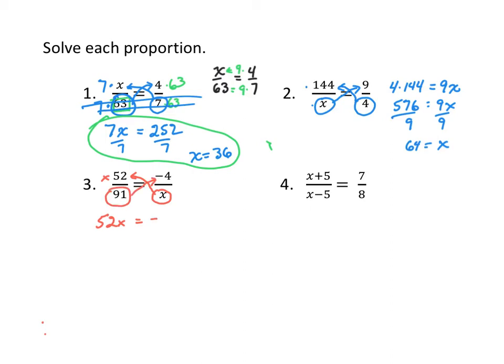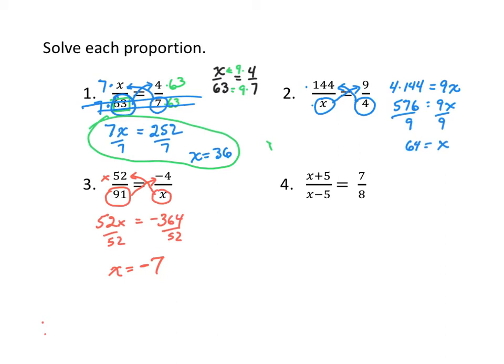So negative 4 times 91 is negative 364. And then divide by 52 to isolate the x. Okay, don't forget it's negative. 364 divided by 52 is 7, so negative 7. Don't forget your negative sign.